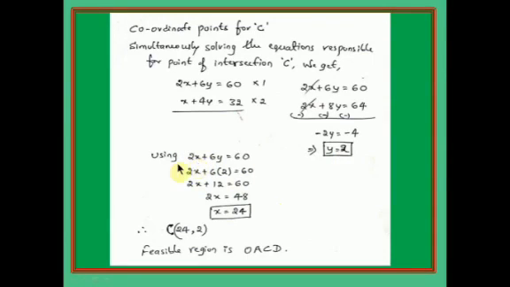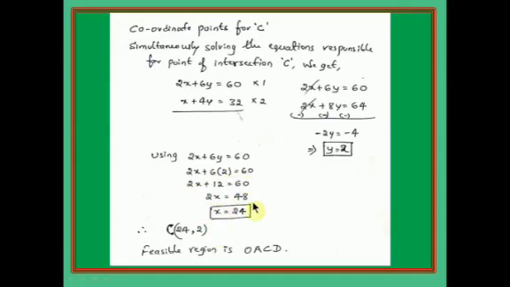So y is equal to 2 has been obtained. Here I am putting it in 2x plus 6y is equal to 60. So 2x as it is, 6 as it is, and the y value found is equal to 2. So 2 has been mentioned over here, equal to 60. 2x as it is, 6 multiplied by 2 is 12, equal to 60.